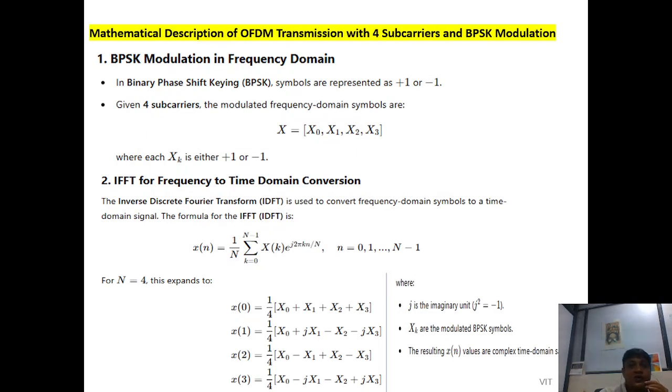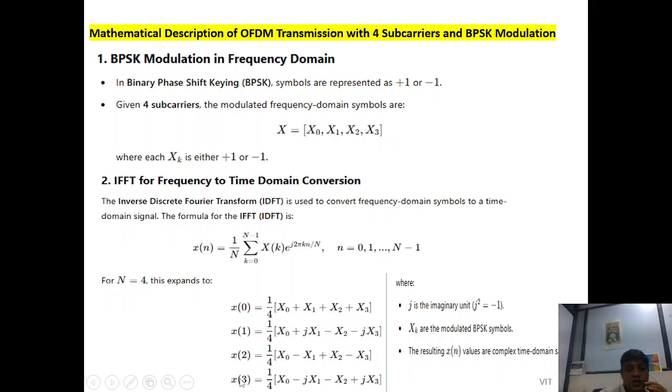Now let us take an example to understand this OFDM transmission. It is BPSK, either +1 or -1, with 4 subcarriers X0, X1, X2, X3. We will place either 1 or -1 on top of the subcarriers, and then we do the IFFT. So x_0 is 1 by 4 times X0, X1, X2, X3, and similarly for the others.